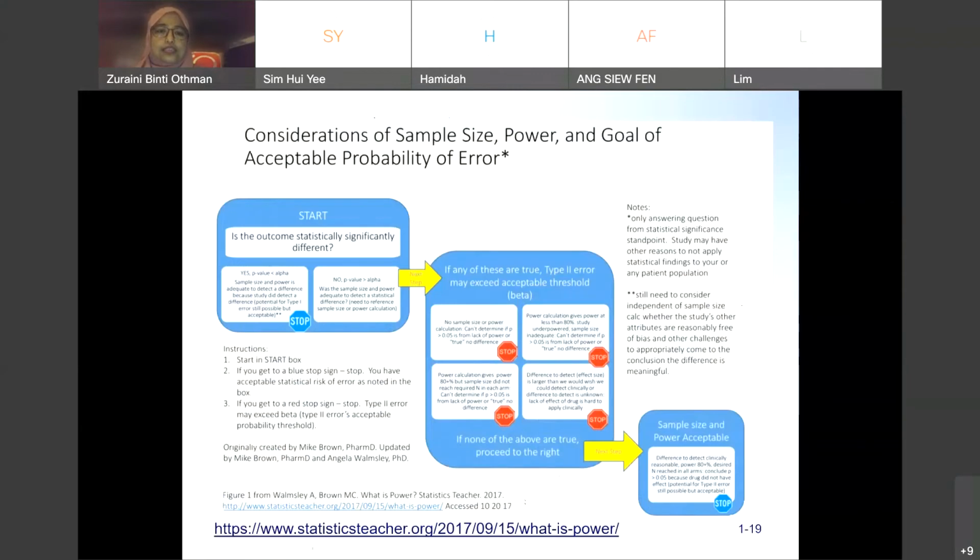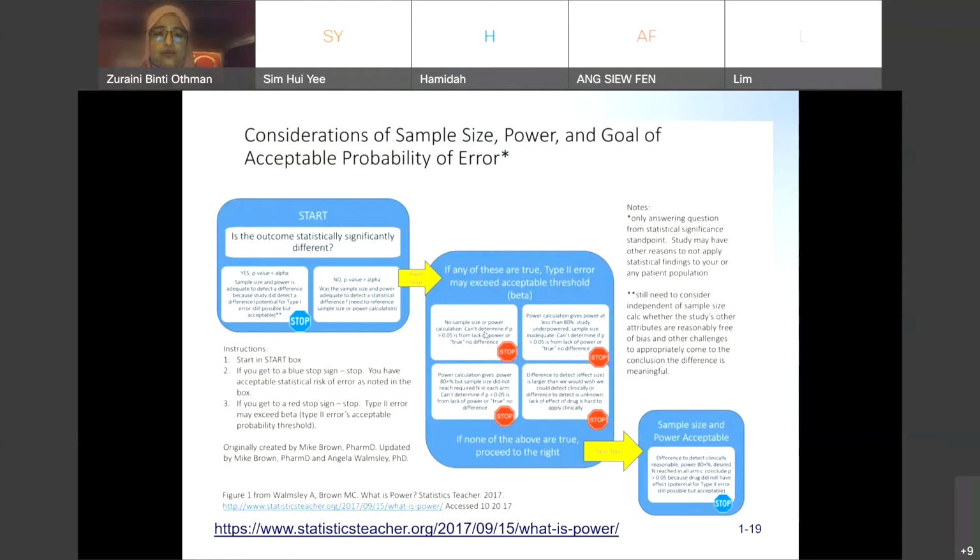This is an example I found from Statistics Teacher. If we have this, how can we decide? Starting from here: is the outcome statistically significantly different? If the p-value is less than alpha, then we may stop. If the p-value is greater than the alpha we set, then we have to go to another step.